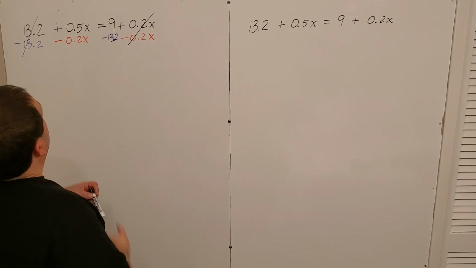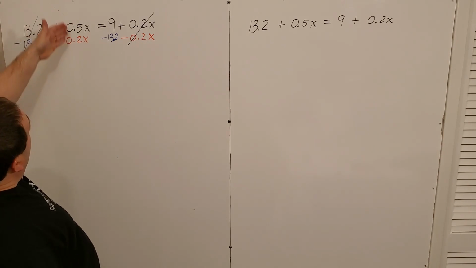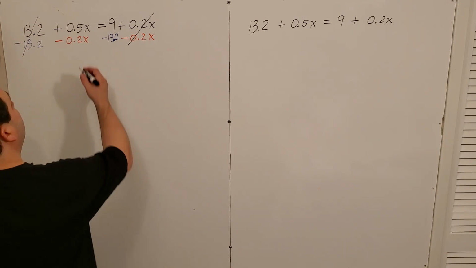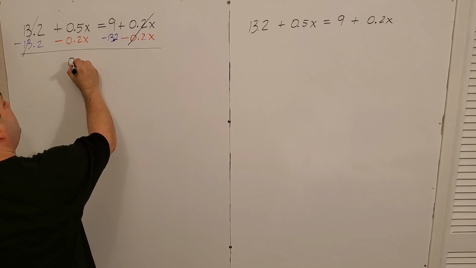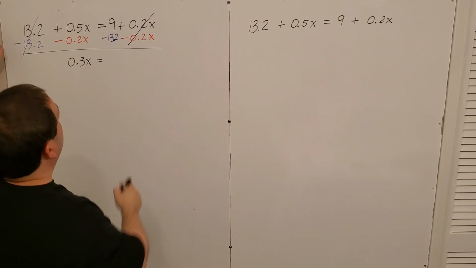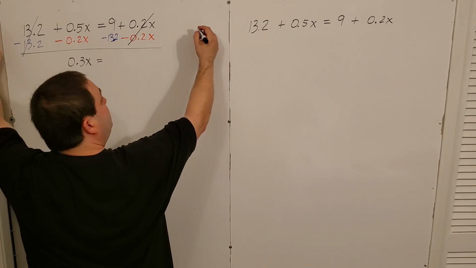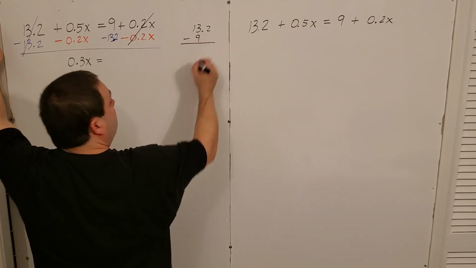Okay, so 0.5x minus 0.2x, I just make sure all of my things are lined up in my mind to do the subtraction. And that leaves me 0.3x. And then over here I've got 9 minus 13.2. If it helps you, just do your subtraction out here.